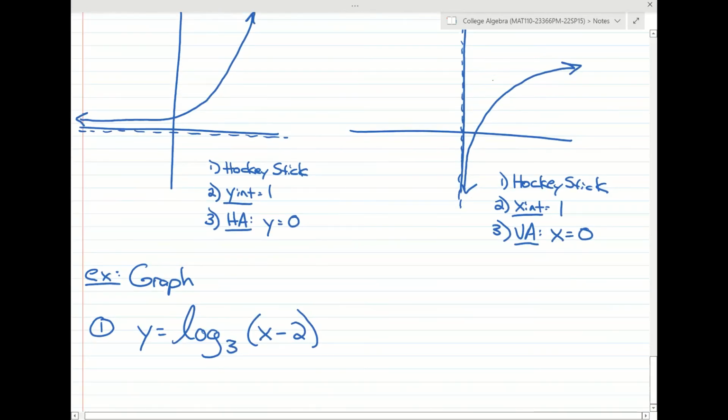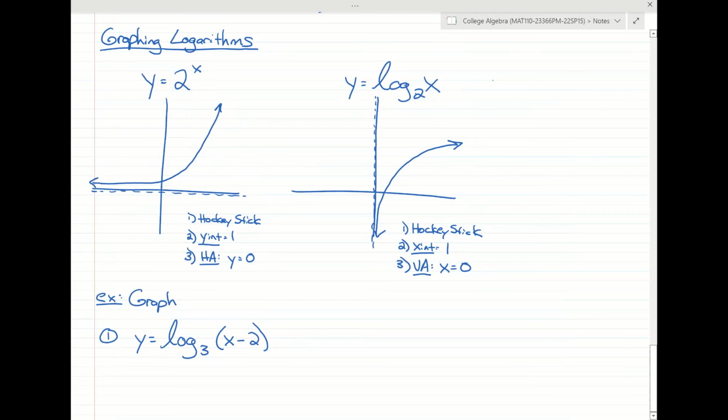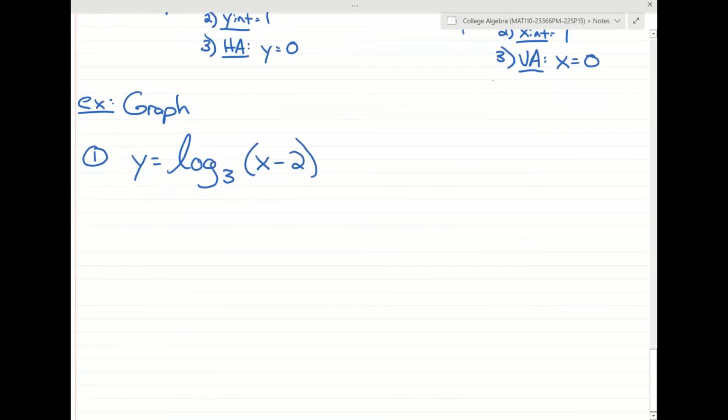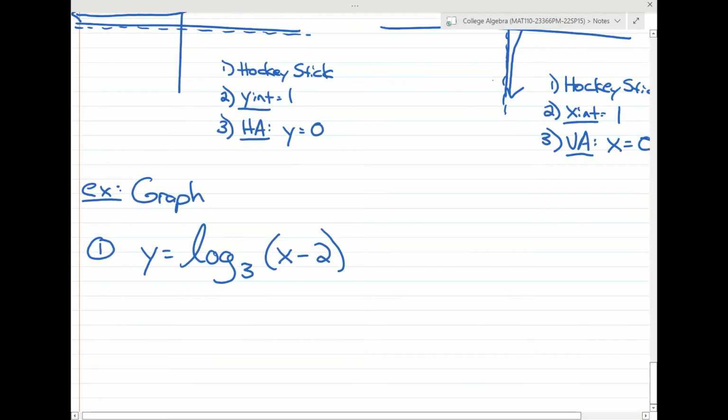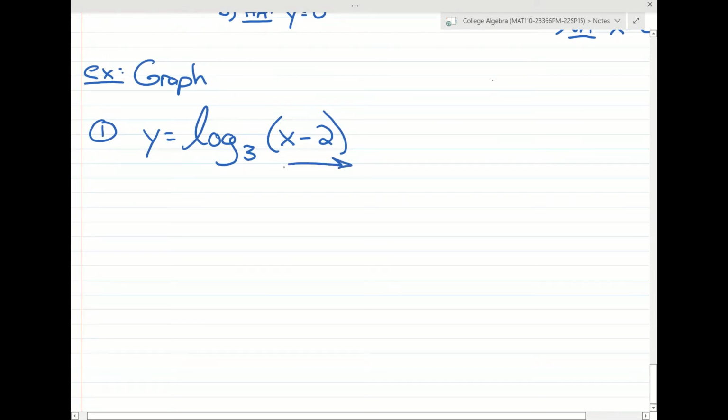Now the minus 2 is on the inside. So if you have a number on the inside, that just moves the graph left or right. If it's negative, remember that goes to the right. And if it's positive, it goes to the left. So this is going to be the same graph as logs that we did before, except this is going to go to the right 2.